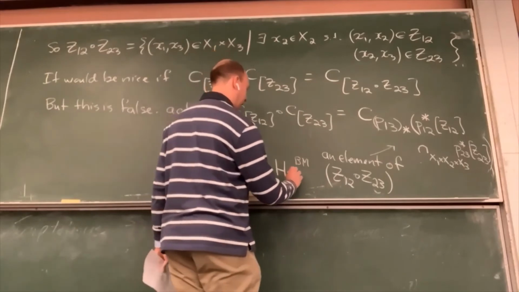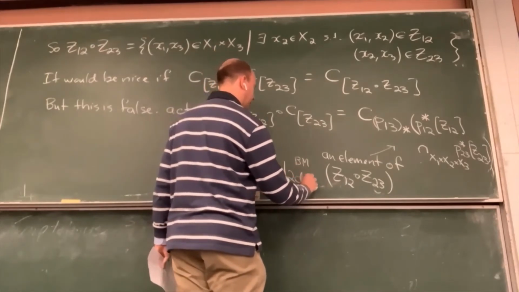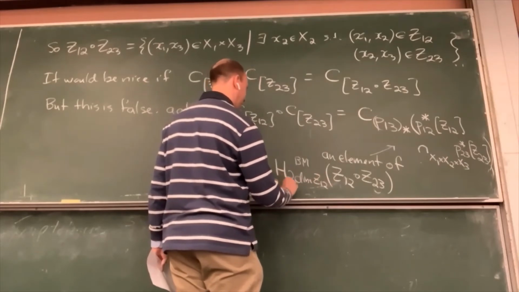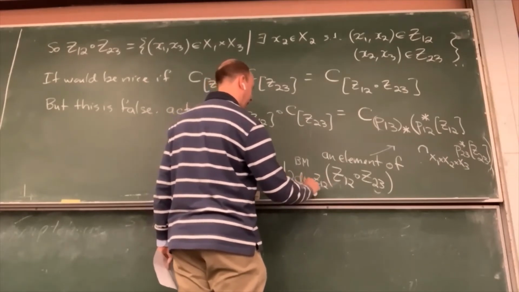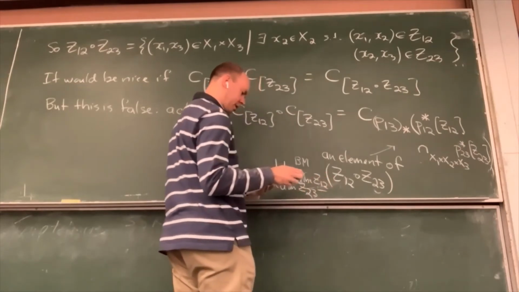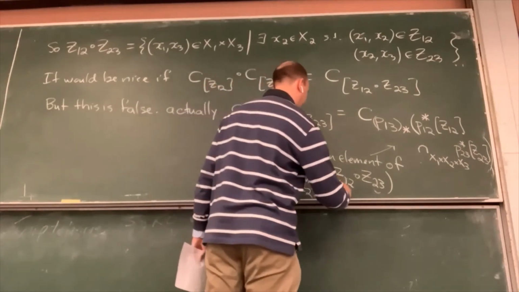It would be twice the dimension of Z12 plus twice the dimension of Z23 minus twice the dimension of X2.